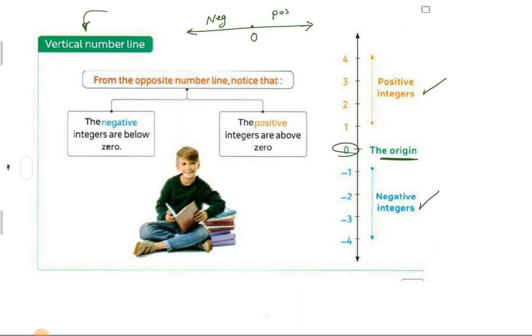But note that here we put the positive on the right of 0 and negative on the left of 0. Now 0 is here and positive is above 0 and negative is below 0.